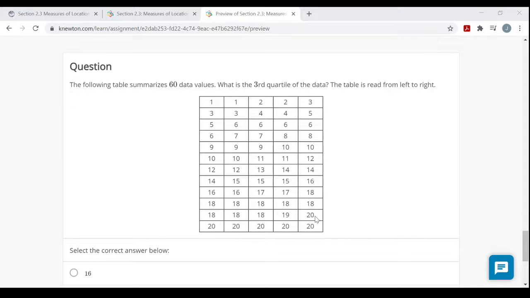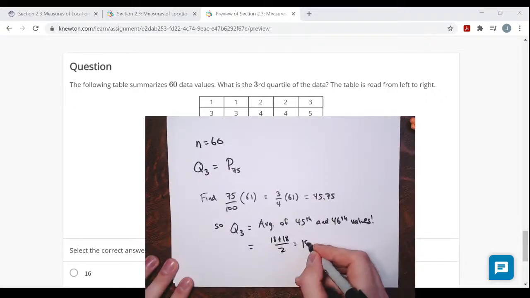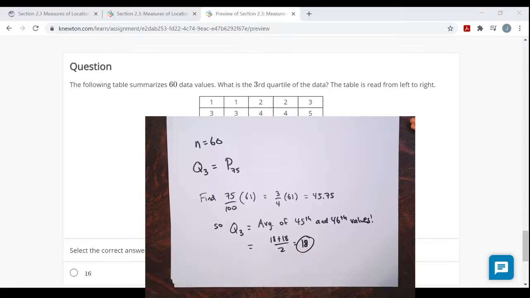So this is 60, 55, 50. Here's the 45th value, 18, and the 46th value is also 18. So this is just 18 plus 18 divided by 2, just 18. They're both 18. So the third quartile is the number 18.